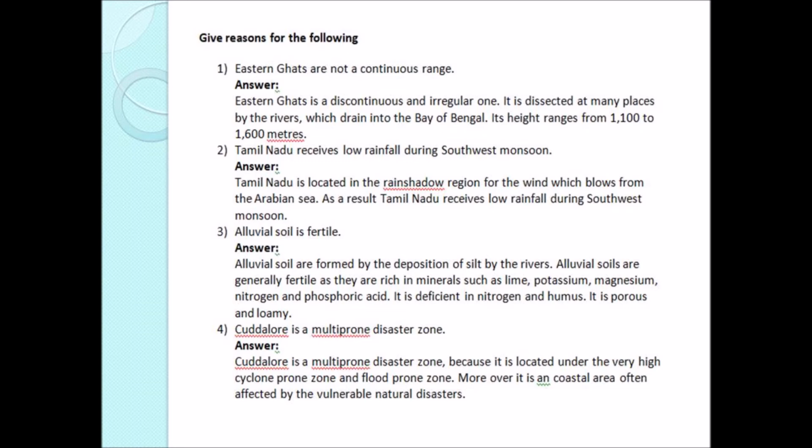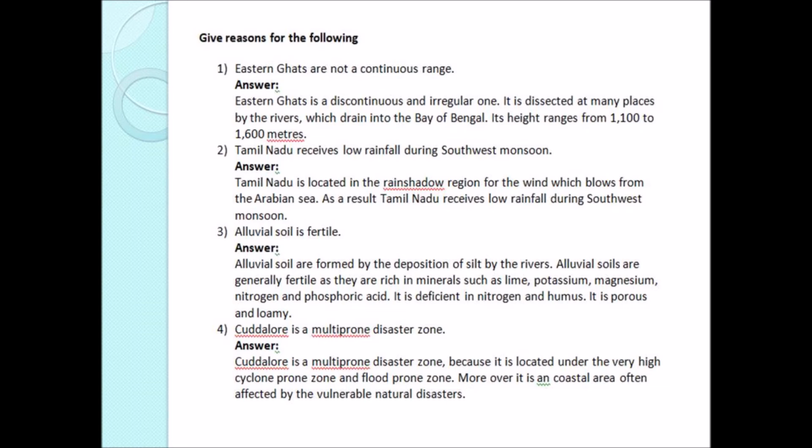Okay. Second question, Tamil Nadu receives low rainfall during the southwest monsoon. Why does Tamil Nadu receive low rainfall during the southwest monsoon? Tamil Nadu is located in the rain shadow region. That is, it is located on the other side of the Western Ghats.